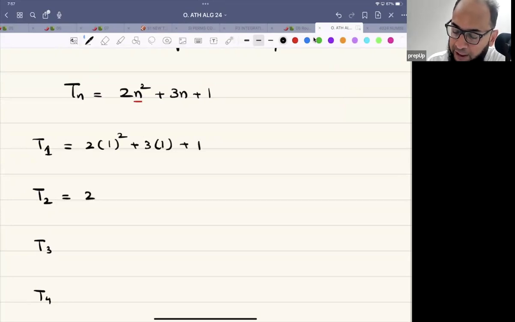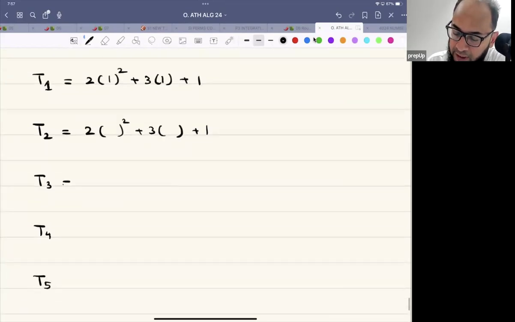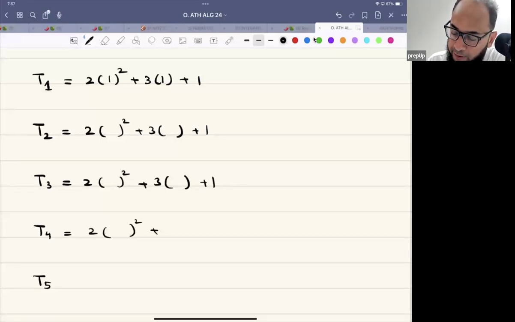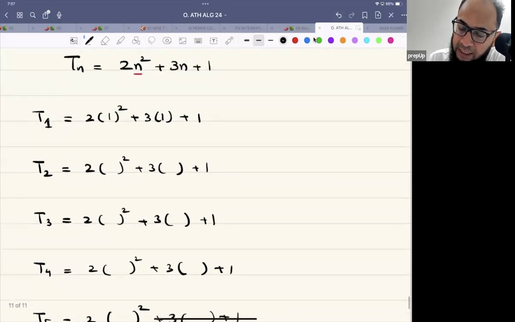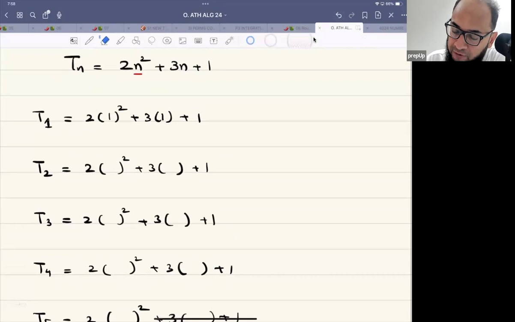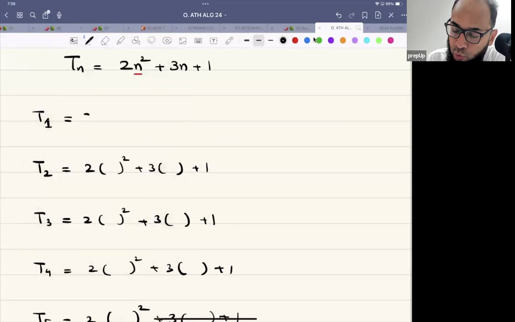Let me fill up the pattern like this, so that it's easier to work out: 2 into something square plus 3 into something plus 1, repeated for each term.